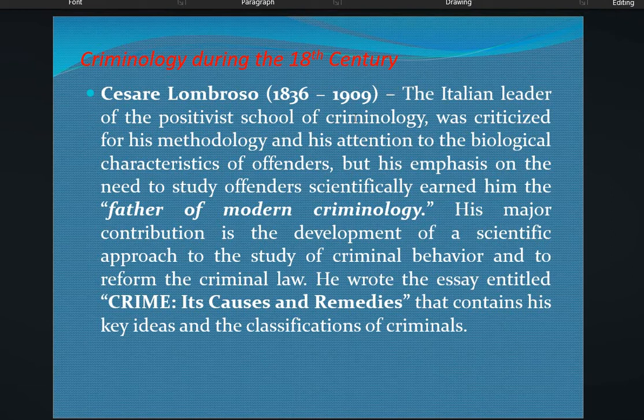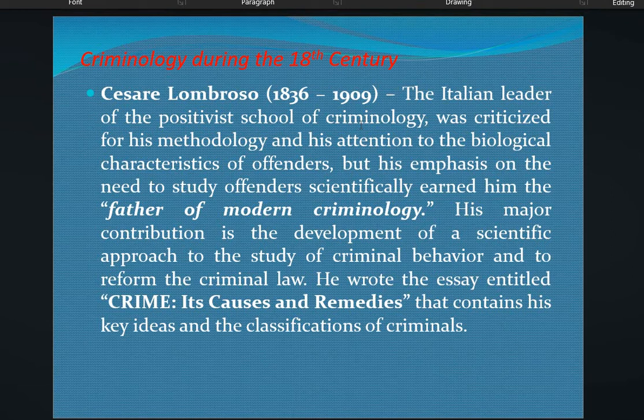Okay, Cesare Lombroso and Cesare Beccaria are different. Cesare Lombroso is an Italian leader of the positivist school of criminology. So take note, Cesare Beccaria earlier was classical. Cesare Lombroso is the positivist school of thought. Okay? So don't get confused. Cesare Lombroso is positivist. Cesare Beccaria with Jeremy Bentham are in the classical school of thought.